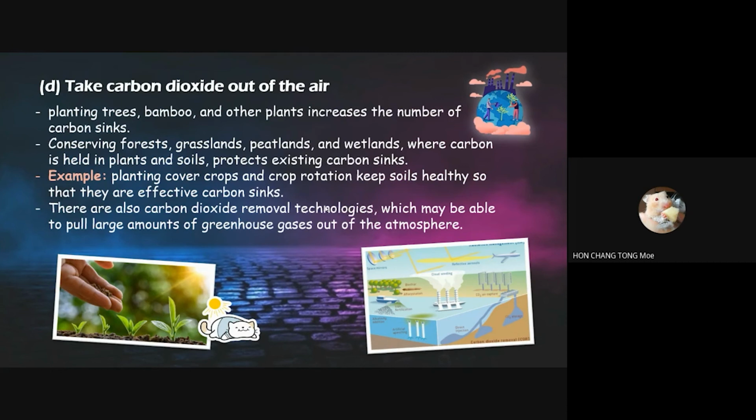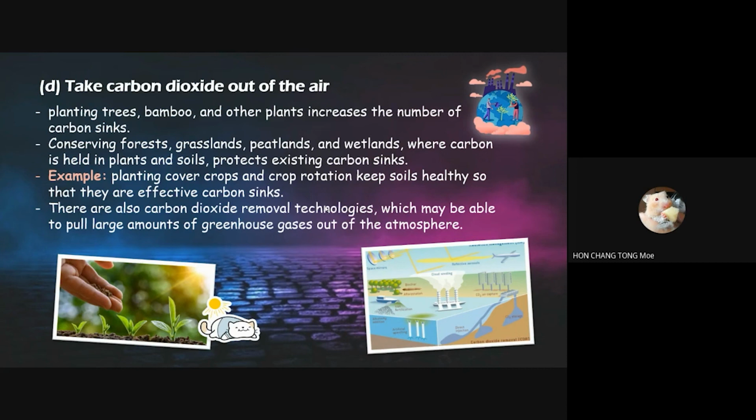Protect existing carbon sinks. For example, planting cover crops and crop rotation keep soils healthy so that they are effective carbon sinks. There are also carbon dioxide removal technologies which may be able to pull large amounts of greenhouse gases out of the atmosphere.